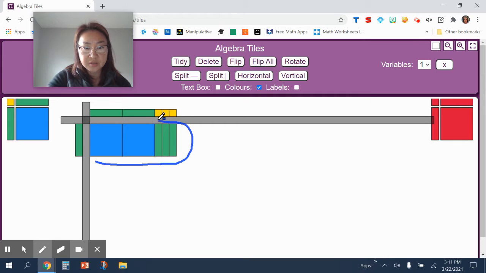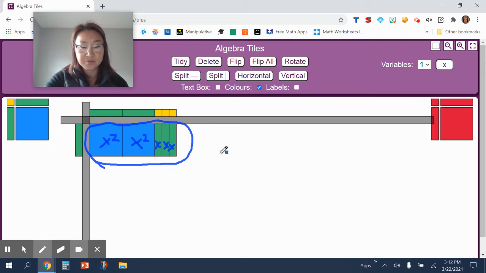This part of the grid, right? So we have x squared, and there's another x squared. And then these are all positive x's, right? x, x, x. And so our answer will be 2x squared plus 3x.